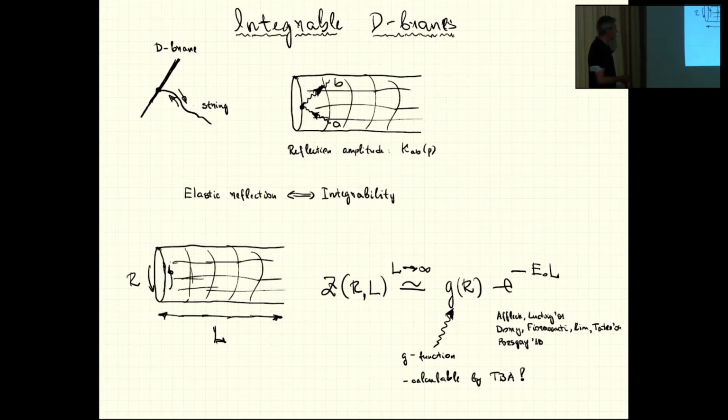The partition function then will have an exponential factor that scales with the length of the cylinder, and this will be just the same free energy that characterizes the closed string. But then there will be a prefactor that's known as the g function, or boundary entropy. The nice thing about it is that it is systematically calculable by the thermodynamic Bethe ansatz. So it's as calculable as the bulk free energy.